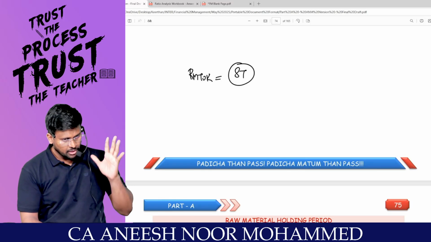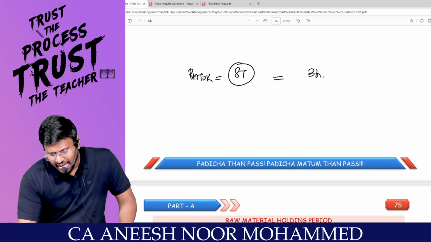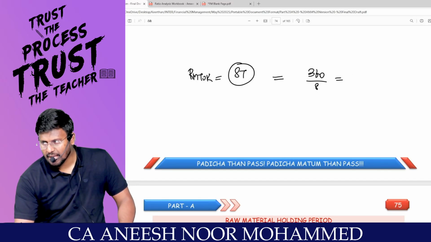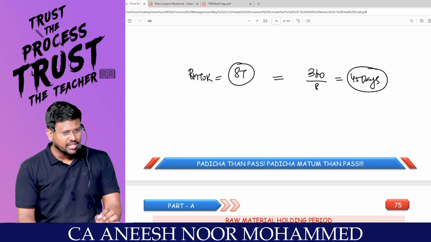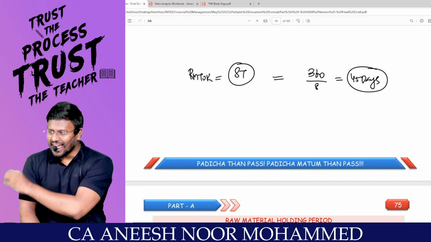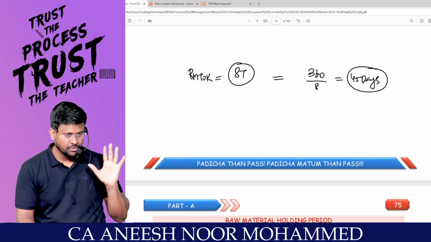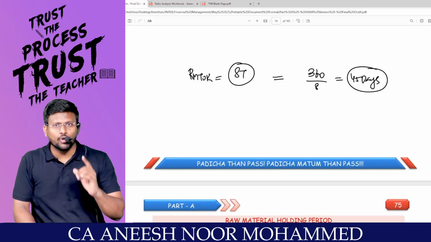Or I can say that 360 divided by 8 comes to 45 days. That means once I purchase raw material, it is there in my store for 45 days. After 45 days only I will consume. So there is a blockage of the raw material for the next 45 days.